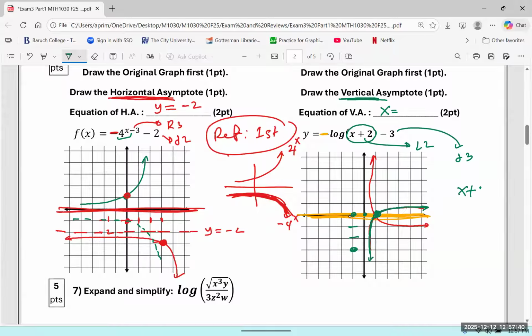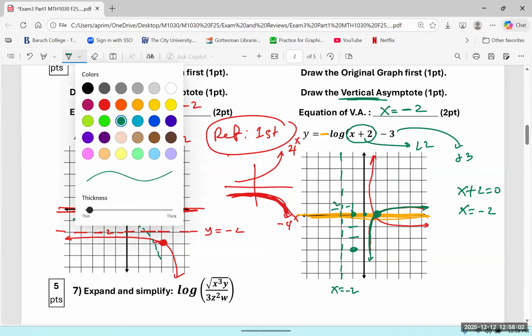So you said x plus 2, 0. That gives us x is -2. So the asymptote is x equals -2. So this is -1. This is -2. So you draw a line here. X equals -2. So this is the wall you cannot cross.